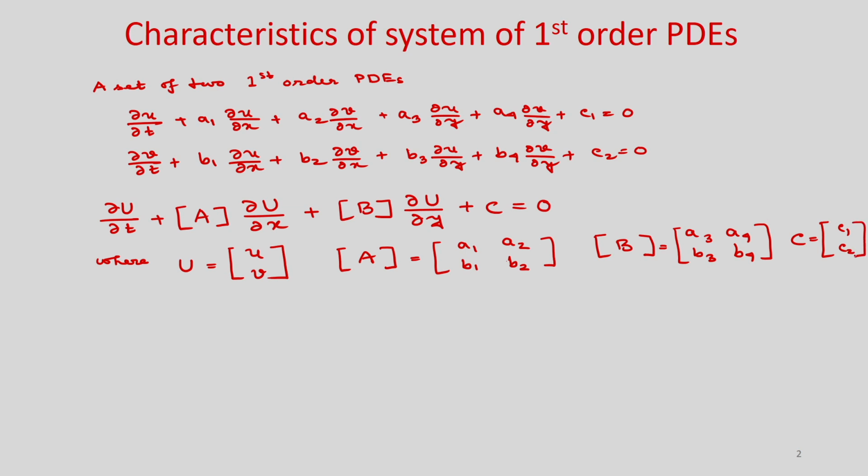So, we have represented these two first order partial differential equations in a general manner, where u is represented by the vector u v and correspondingly the A, B matrices and C vector. Now, we will classify this equation.